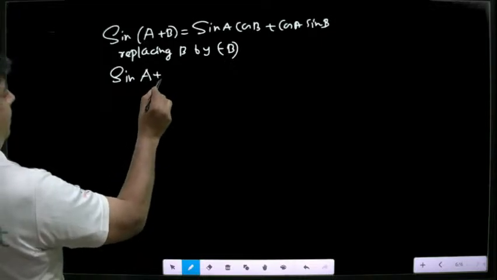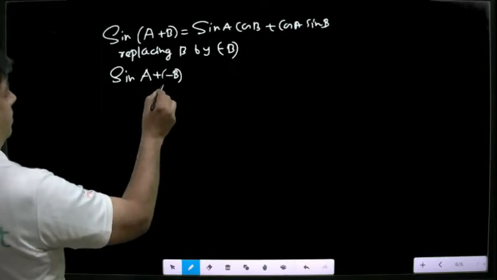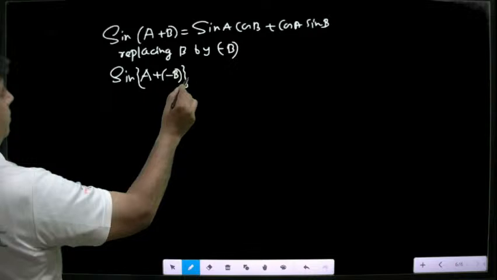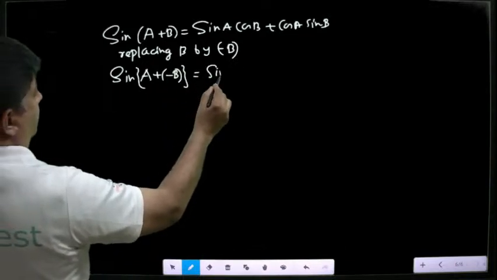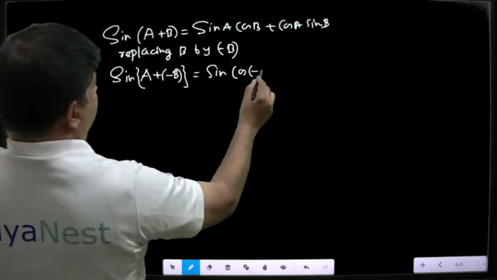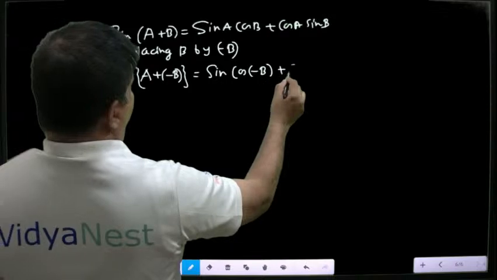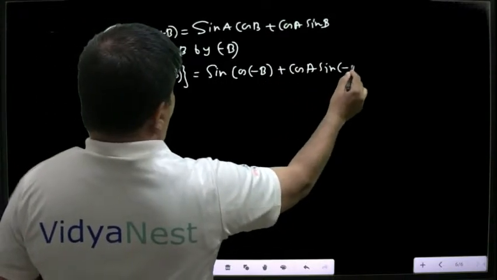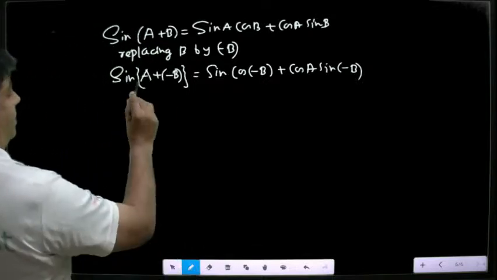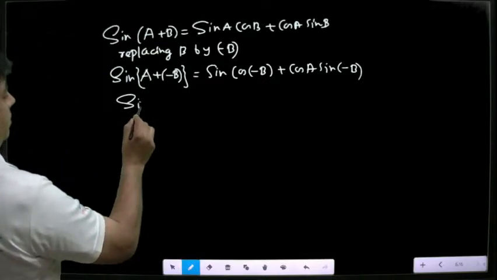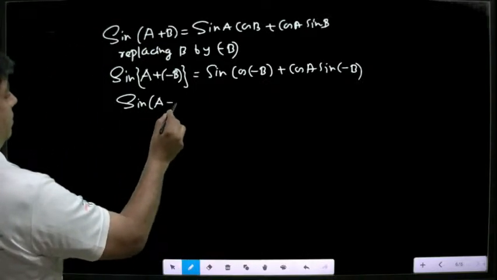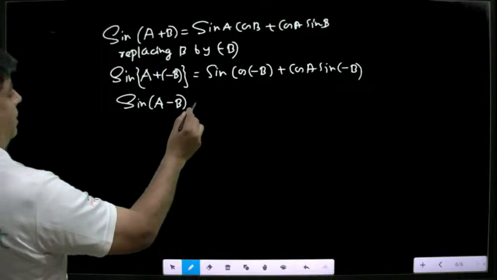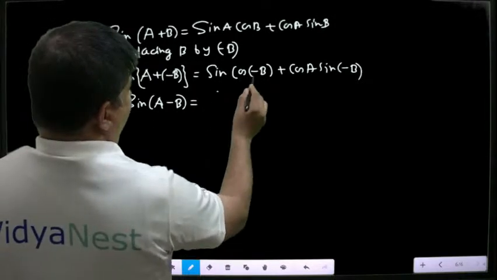Sin of A plus of minus B, sin A cos of minus B plus cos A sin of minus B. Sin A minus B. Cos of minus B, minus will be absorbed.